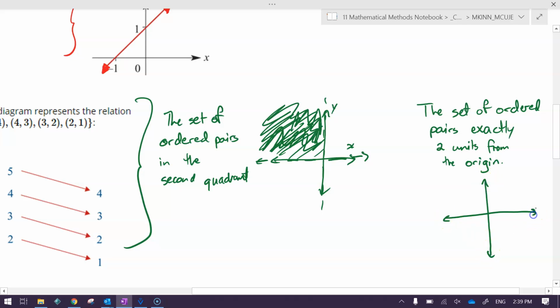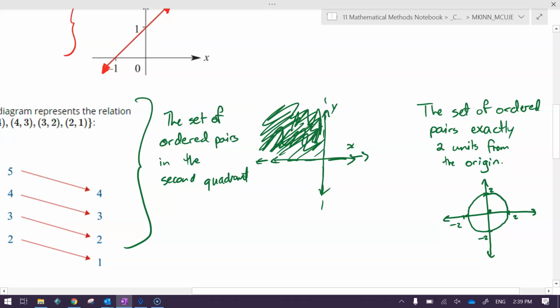I'm bringing this one up because I know we're interested in these things. If I've got my origin here, where are all the points that are exactly 2 units? Are you all happy that if I went to 2 on the y-axis, that would be 2 units away? 2 on the x-axis, -2, -2. Those points all match. If I wanted to do all of the points though, assuming I could draw beautifully, wouldn't I just end up getting a circle?